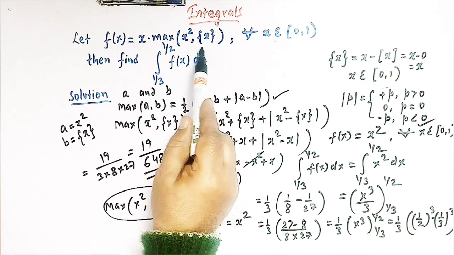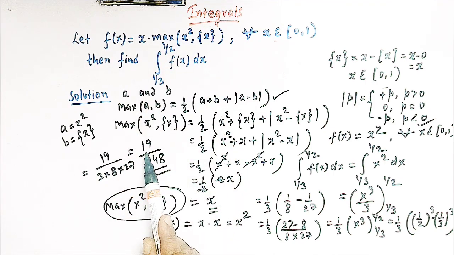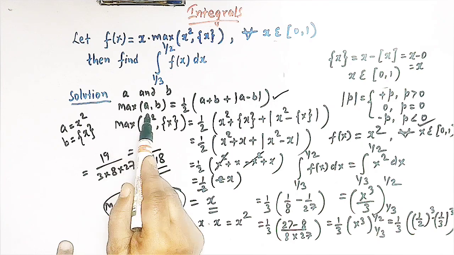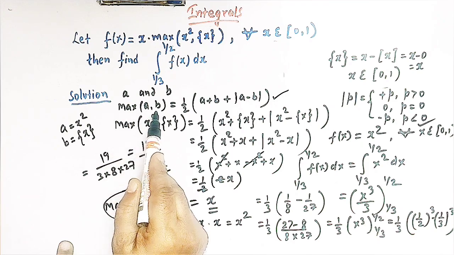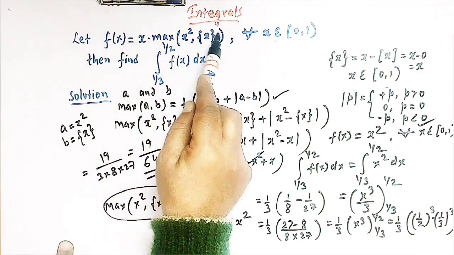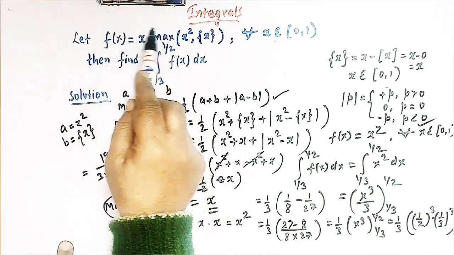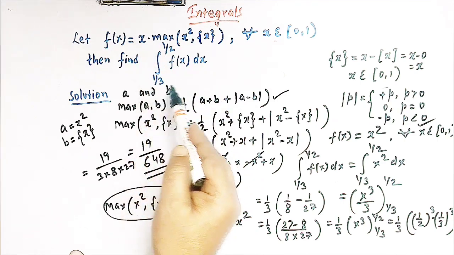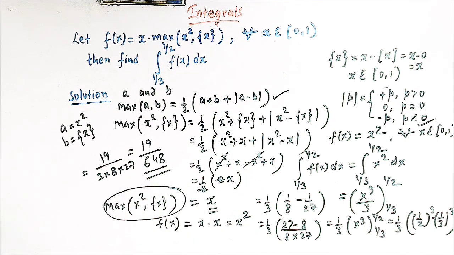So viewers, the value of this integral is equal to 19 divided by 648. So this is how by using the concept of maximum of a comma b, we can easily modify functions of these kind, and we can further solve these type of integrals.